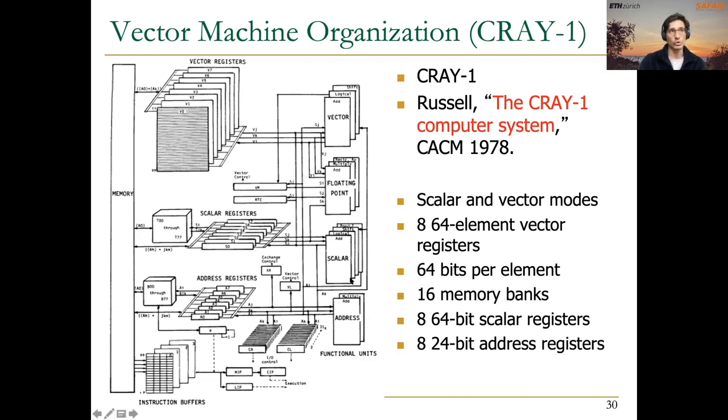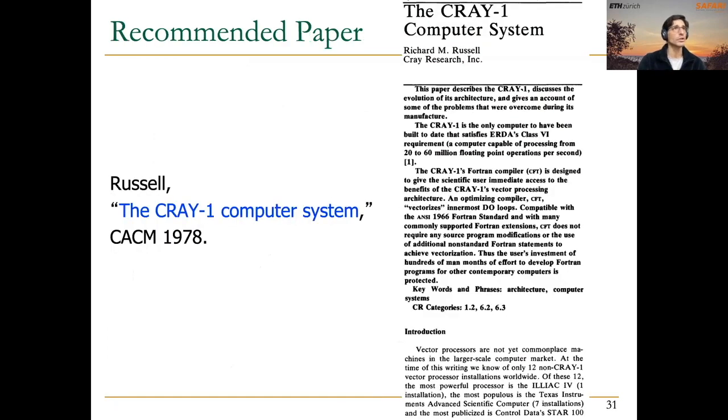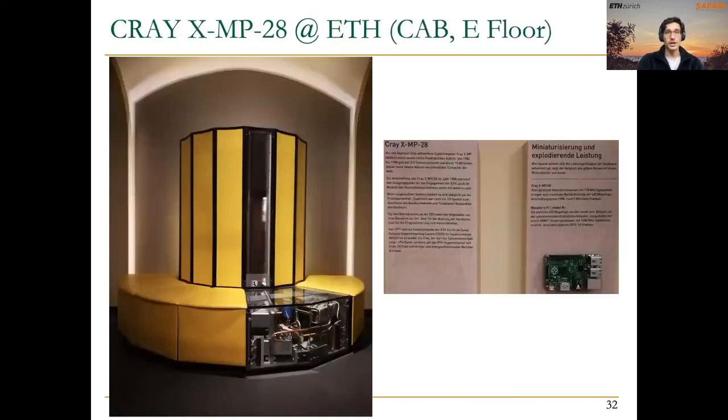And this is why we also need to have fast scalar execution units in a complete system. You can read more about this in the original paper. And if you're even more curious, you can go on an excursion to the CAB building of ETH, where you will find one of these Cray systems, actually from sometime in the 80s.